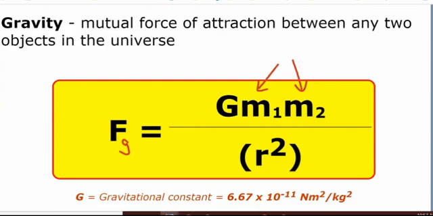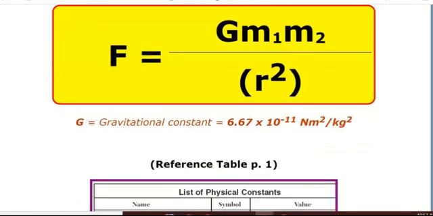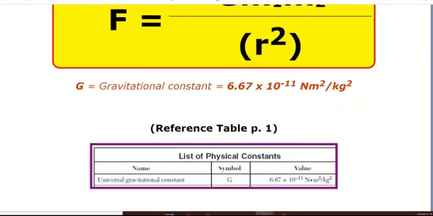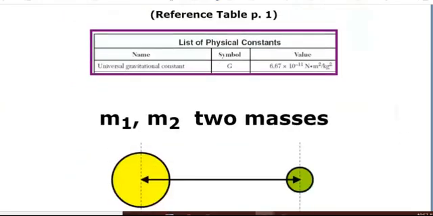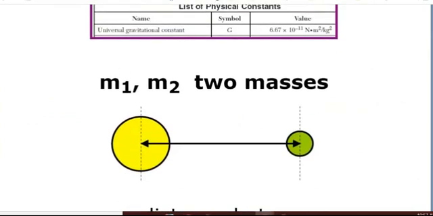G is a gravitational constant that's on your reference table, and you don't have to memorize it. It's on page 1. That's a really small number, that G. It's the first thing on your reference table. M1 and M2 are the two masses involved in the attraction.